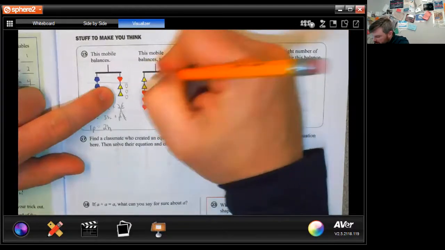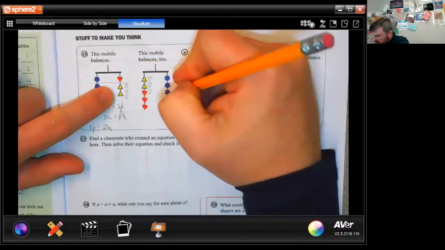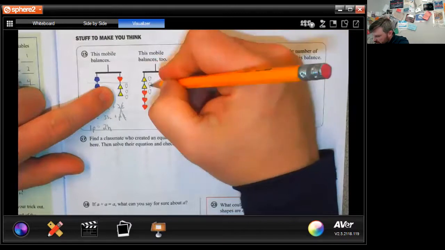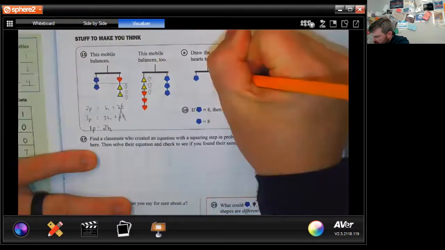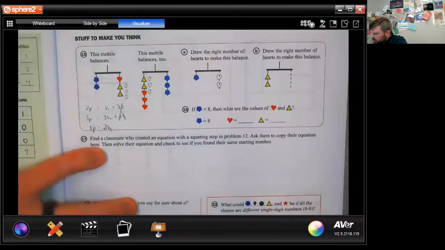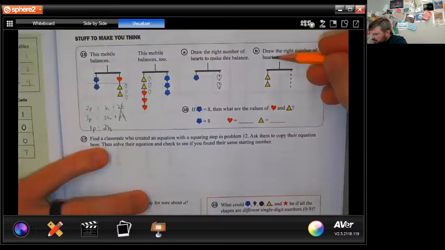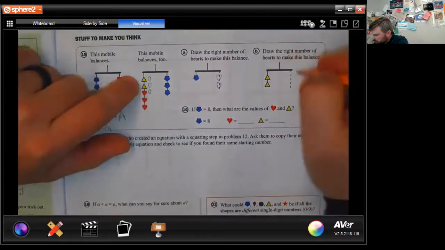So 3 pentagons would be 2, 2, 2. So that works. 1 pentagon is 2 hearts. Draw the right number of hearts to make this balanced, and we just did that over here. We just said that 2 triangles equaled 3 hearts.